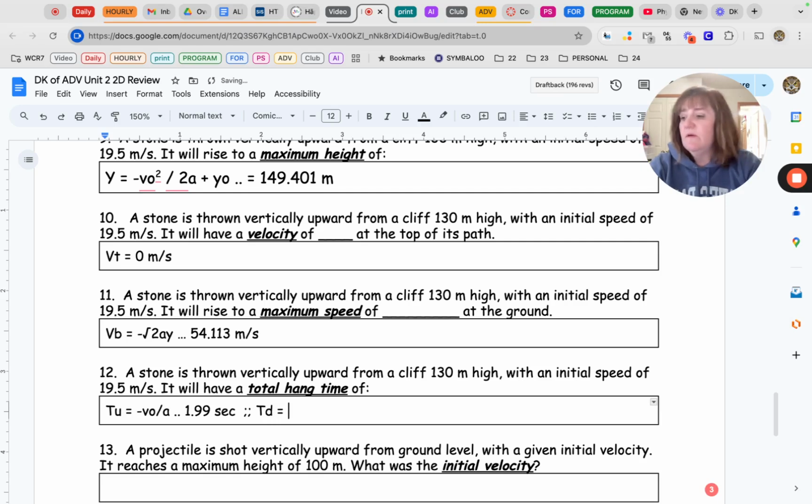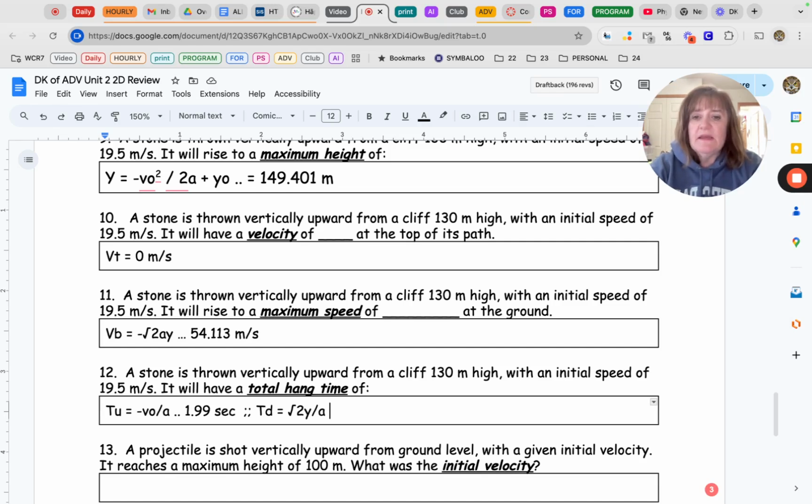Then we need time down. That comes from the square root of 2y divided by a. But again, this is linked, so you had to find number 9 before you could find the rest of these.